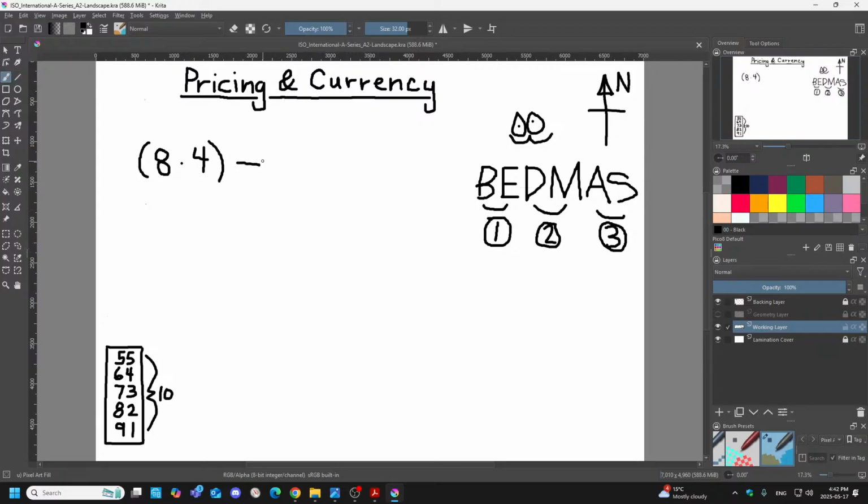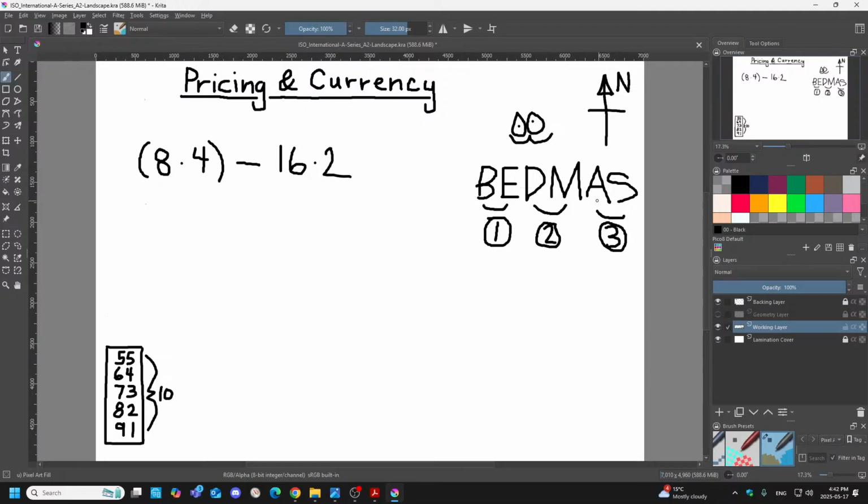So we have minus 16 times 2. Okay? So here's my tip. Anytime you see subtraction, you know BEDMAS, right? Brackets, exponents, division, multiplication, addition, subtraction. Subtraction.